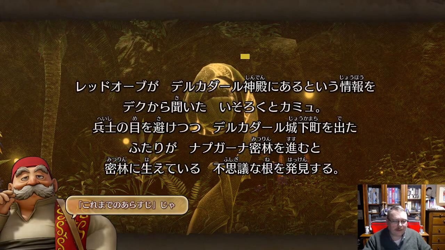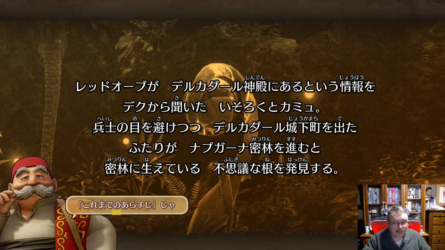All right, so here we have Koremade no arasuji, ja. Okay, so as you can see, they have these unusual parentheses marks in Japanese. And Koremade means until now, and then arasuji means like an overview. No connects these two.